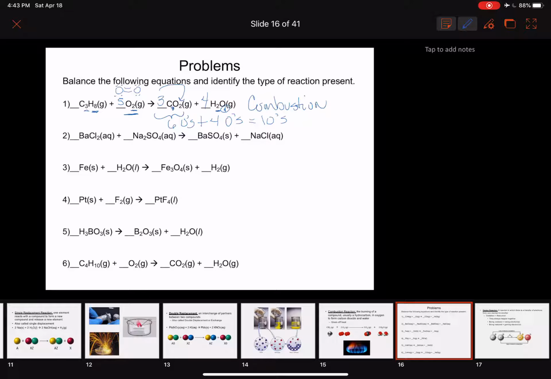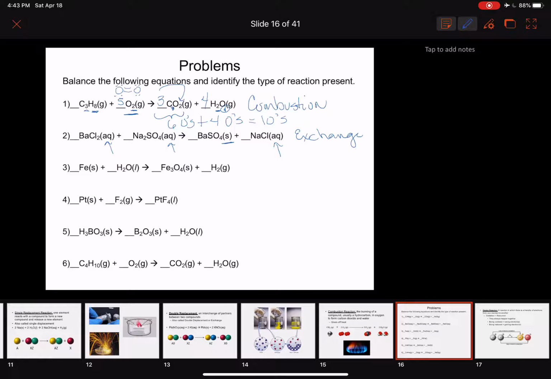barium sulfate and sodium chloride. Now what I want you to notice is you've got a lot of AQ, AQ, AQ here, and you have a formation of a solid right there. So that should indicate to us that this is a double replacement, also called double displacement, also called exchange.